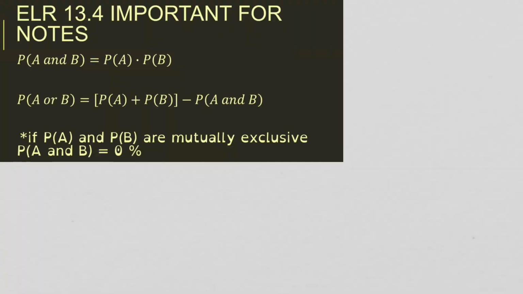So take a look. Be careful. This top one and this bottom one are pretty much the same. You just have to understand if these events are mutually exclusive or are they independent or dependent events to do the first one there. So for the top one here, you're using independent events for this.